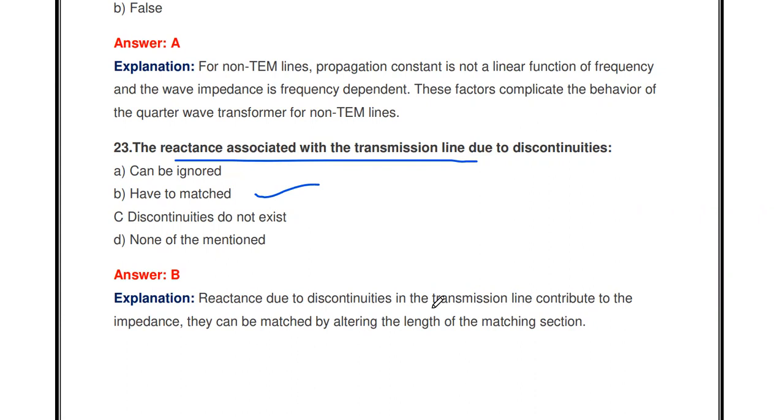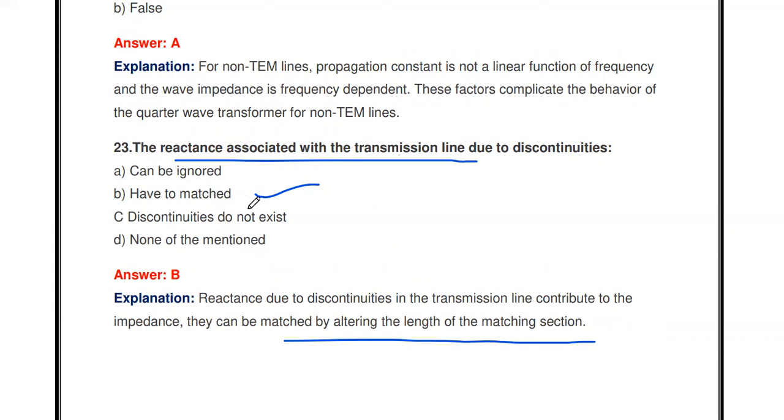The reactance due to discontinuities in the transmission line contributes to the impedance, so it can be matched by altering the length of the matching section.